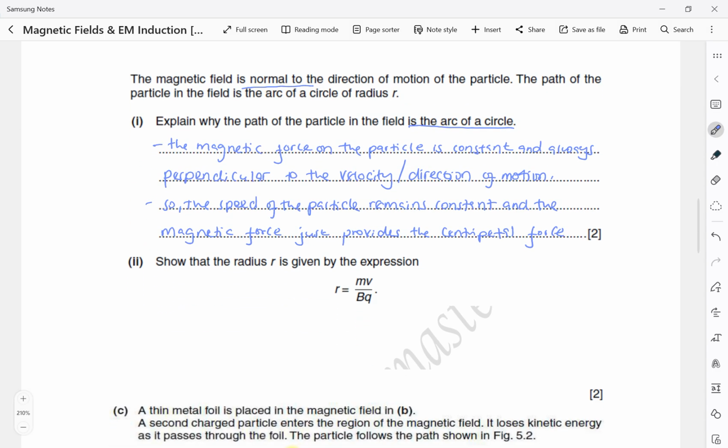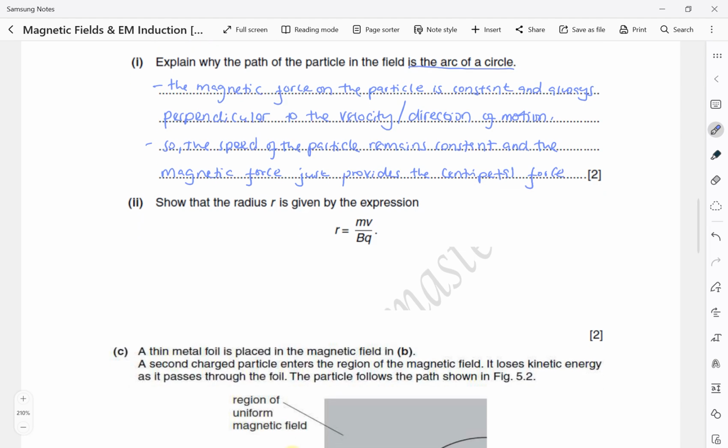Show that the radius r is given by the expression. So since the magnetic force provides centripetal force, we just equate the magnetic force to the centripetal force.